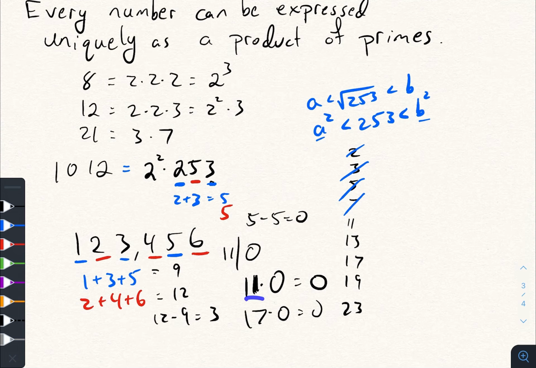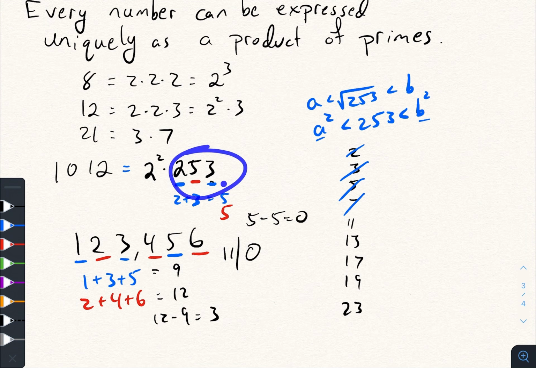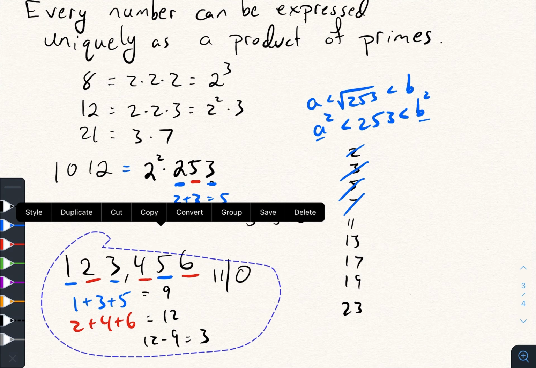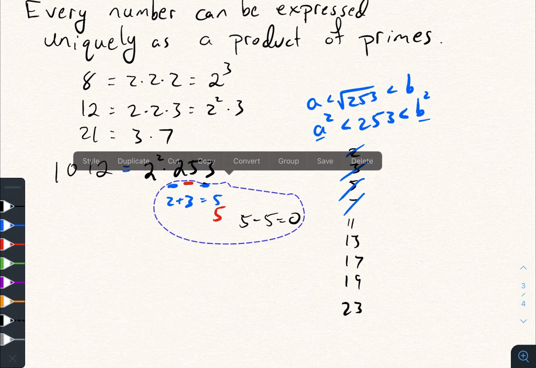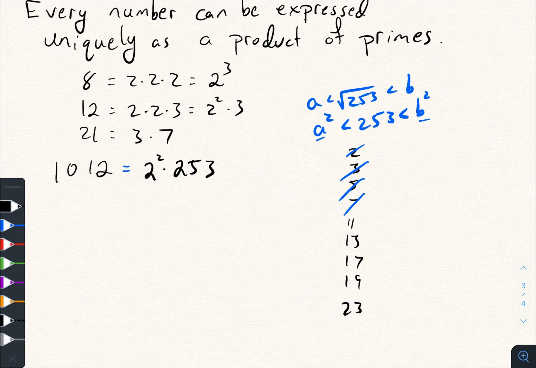So we're basically factoring out an 11 from 0 or factoring out a 17 from 0. So any number is a factor of 0. Okay, so yeah, 11 does go into 253. It passes the divisibility test. And so let's factor that out.